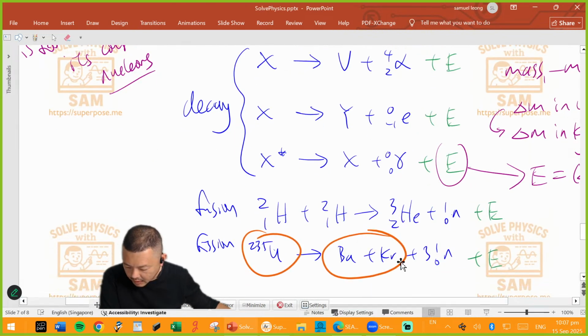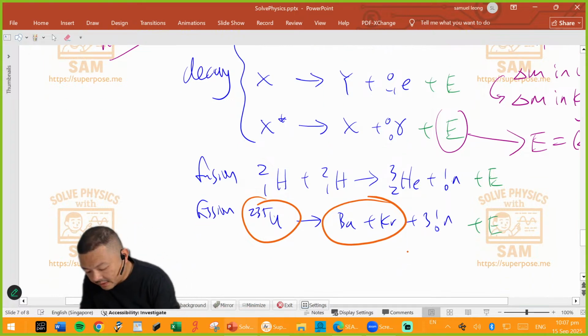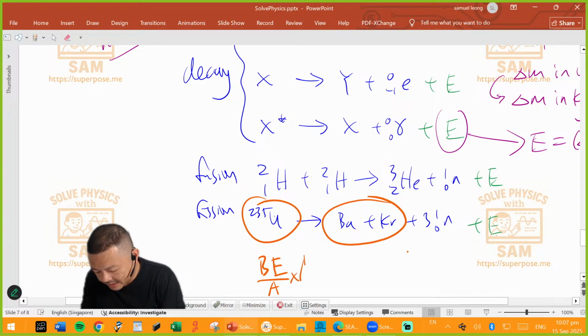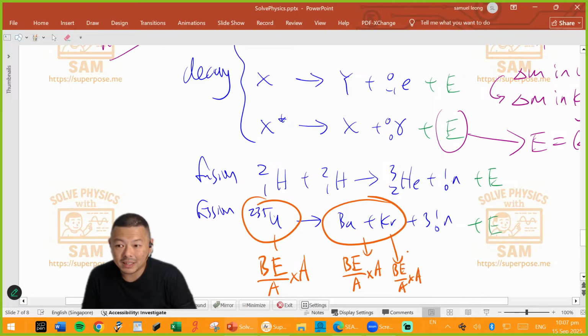Sometimes they give you BE per nucleon. So you have to take BE per A times A, the mass number, and then calculate the total BE.